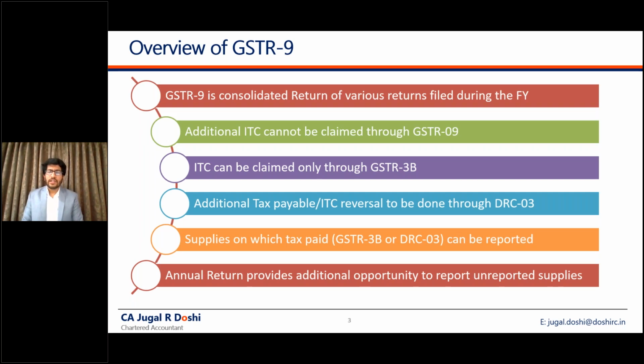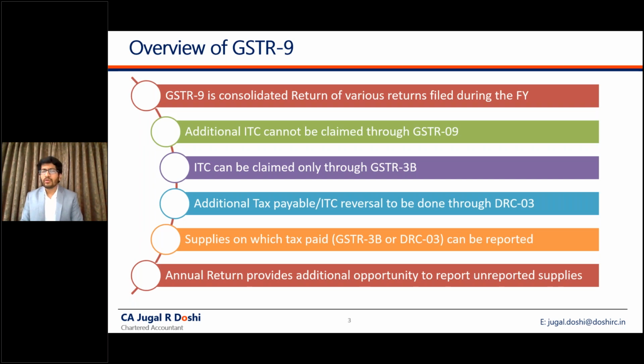GSTR9 is a consolidated return for various returns filed during the year. During the year, I file my 3B, my GSTR1. For all these returns, this is a consolidated return. A few things we should take care of: any additional ITC cannot be claimed through GSTR9.